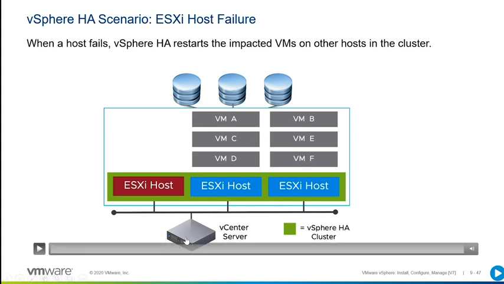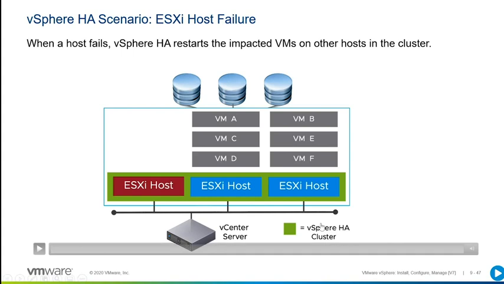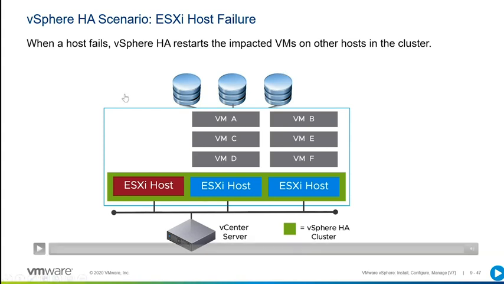We have vCenter Server that manages this configuration, but it's the ESXi hosts themselves that do the operation using a management network, which is represented by this line here. Also note that we have shared data stores. Shared data stores are important so that each ESXi host can see the virtual machine files. In this case, VM A and VM B need to be on storage that's accessible by the remaining ESXi hosts.